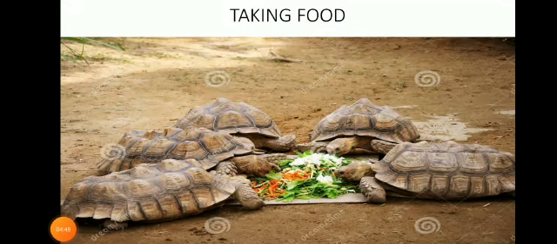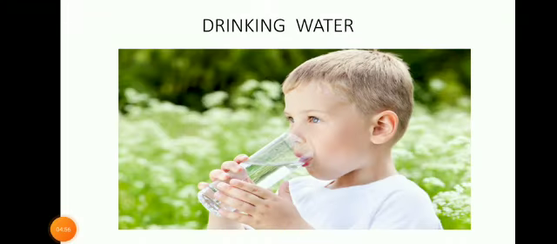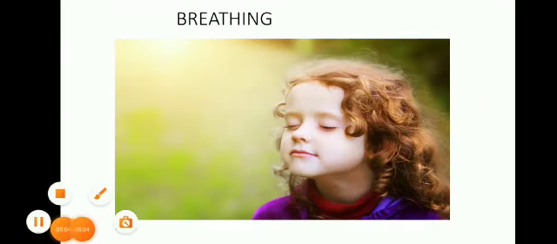Now let us see food. Acquiring food is also a character of living things. They acquire food for getting energy. Living things also need water in order to survive. Now let us see.